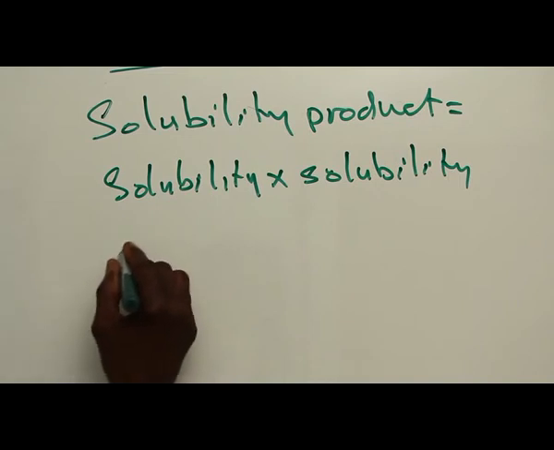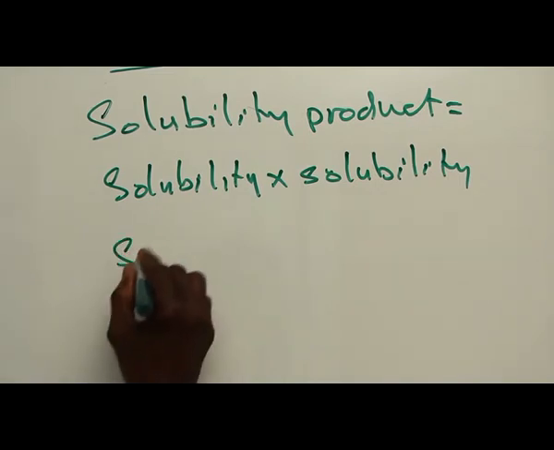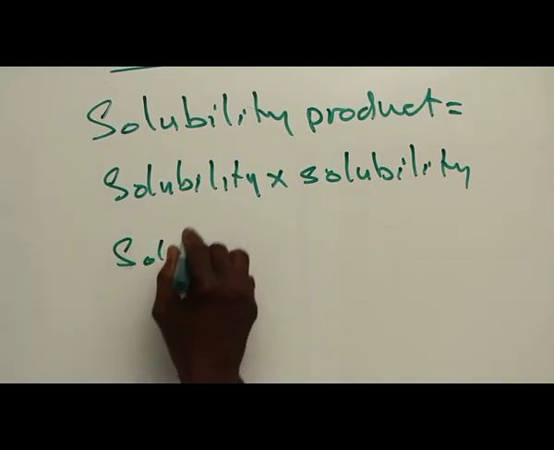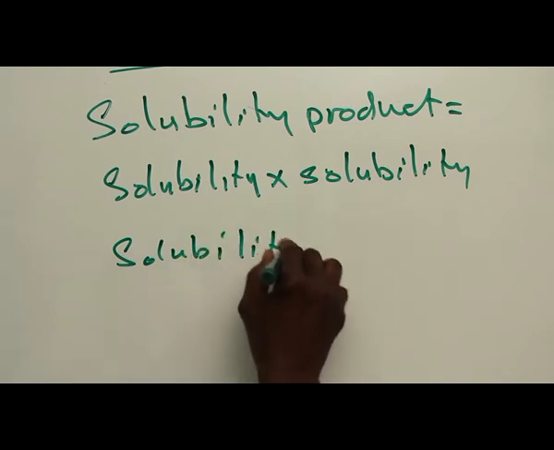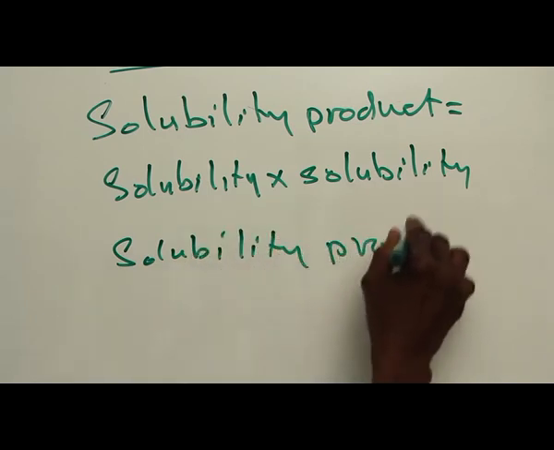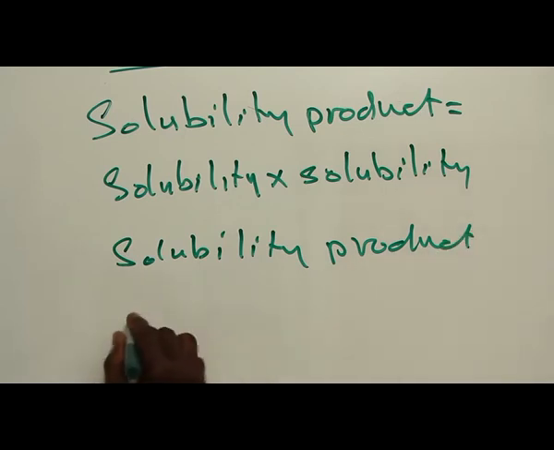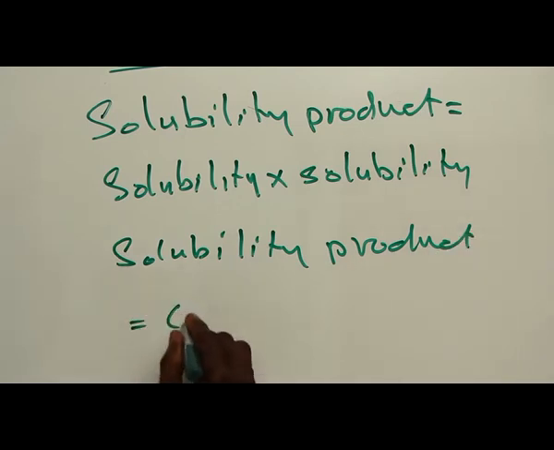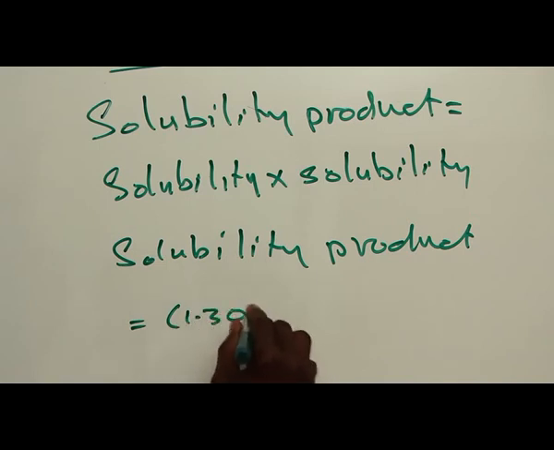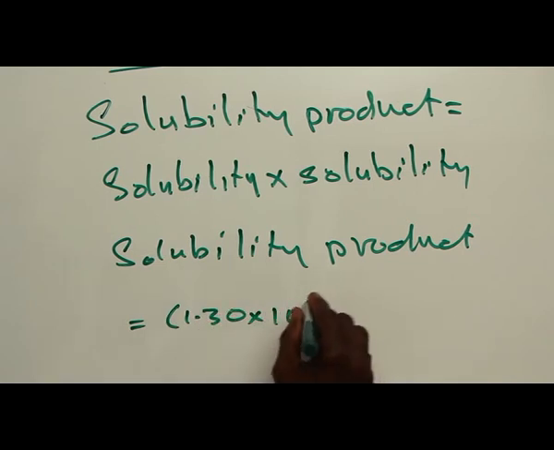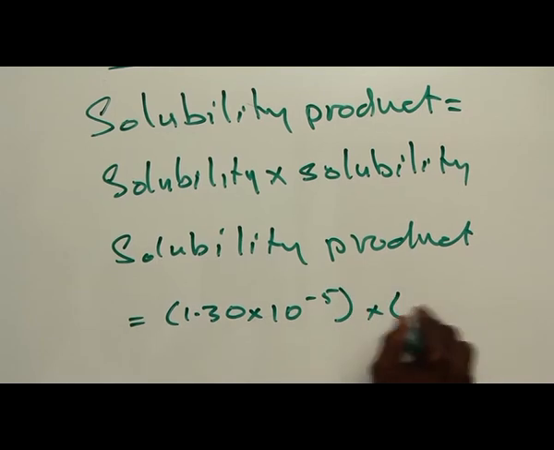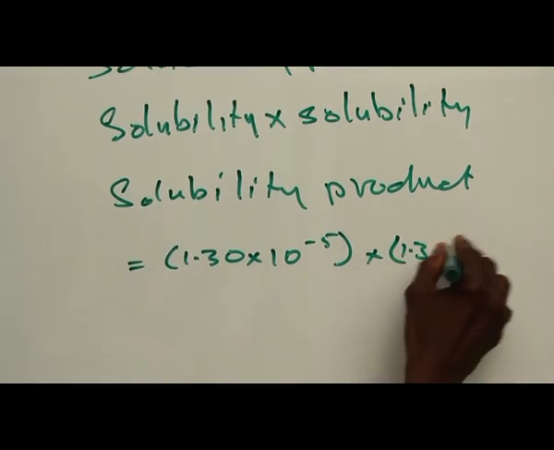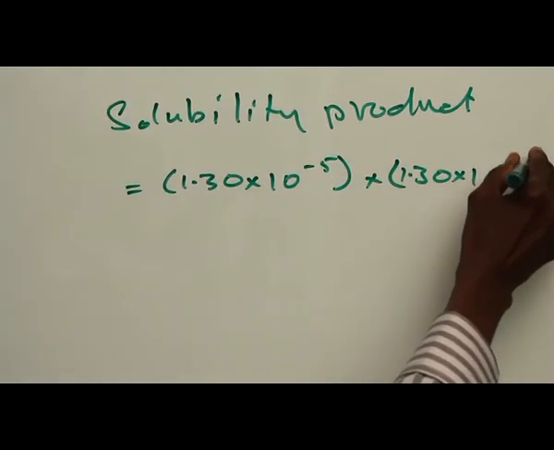And so solubility product is 1.30 times 10 to the power minus 5 multiplied by 1.30 times 10 to the power minus 5.